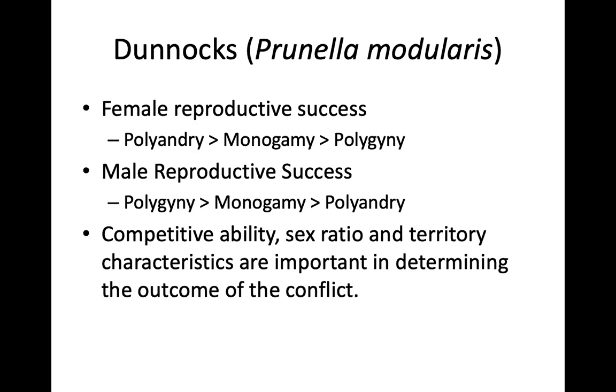You have sex ratio, where this is percentage male, so that 1 is all males and 0 is all females. So this is this axis. And then you have a z-axis going through the middle here, where this z-axis is male competitive ability.